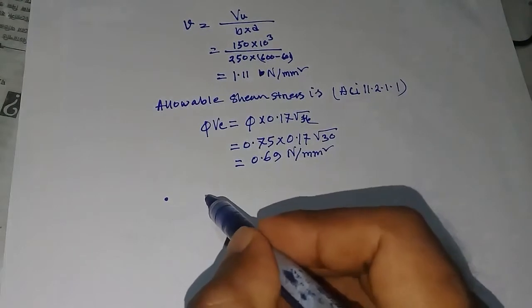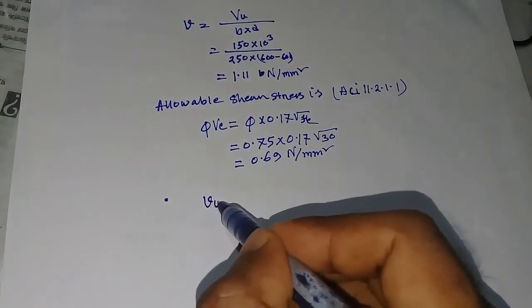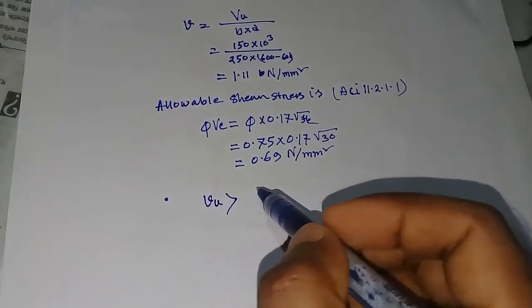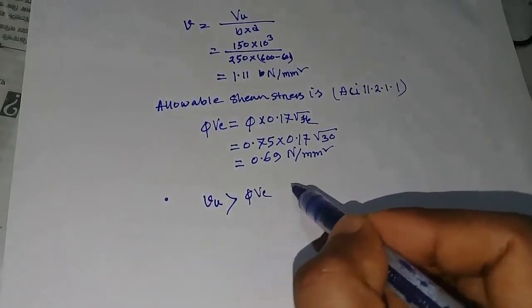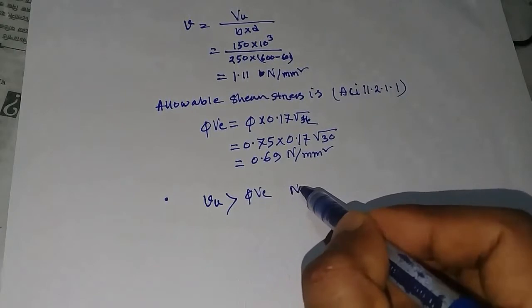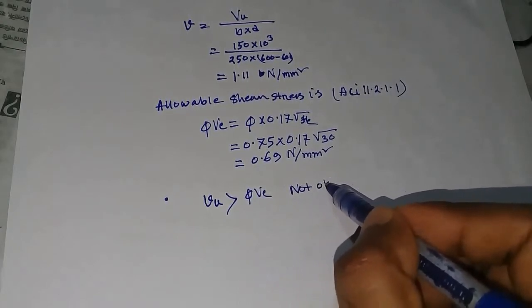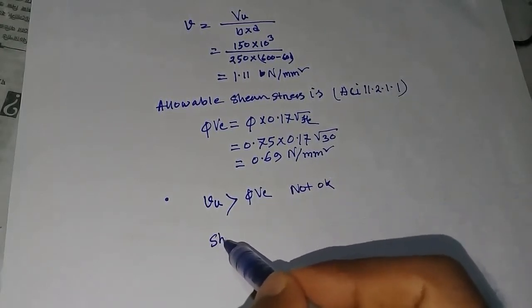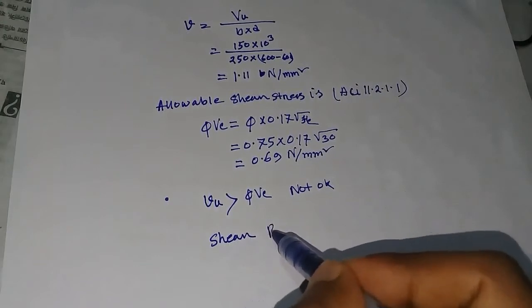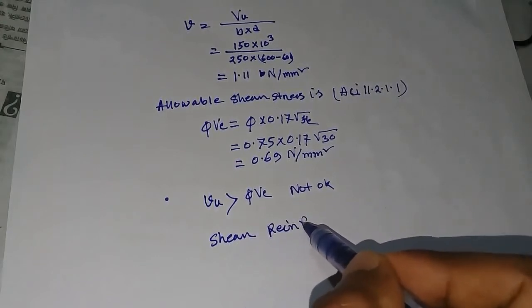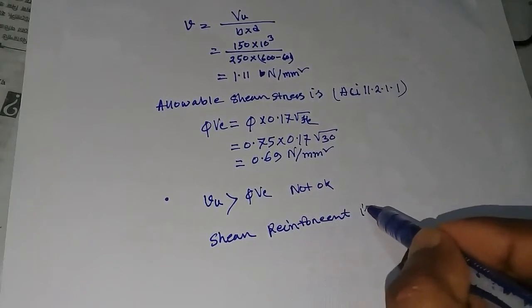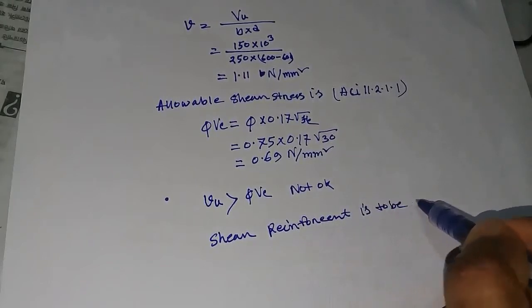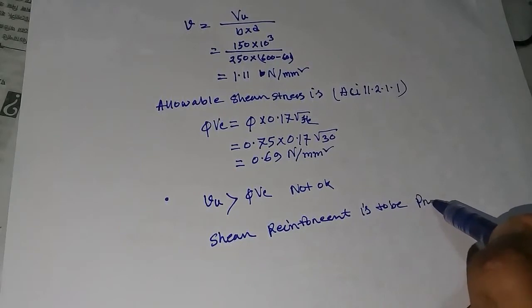Here also the normal shear stress Vu is greater than phi Vc, so not okay. Shear reinforcement is to be provided.